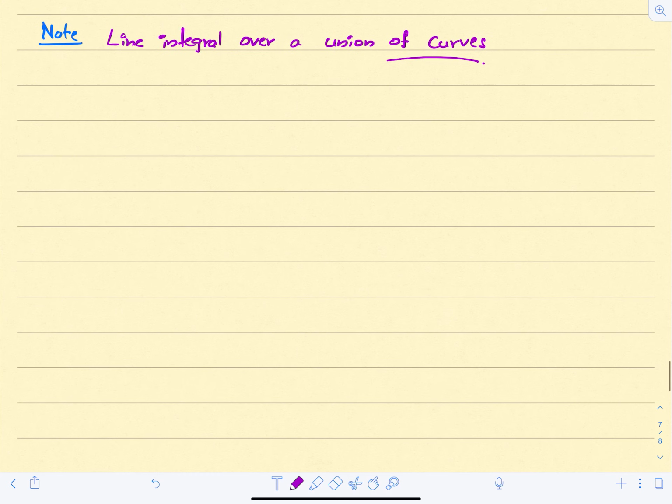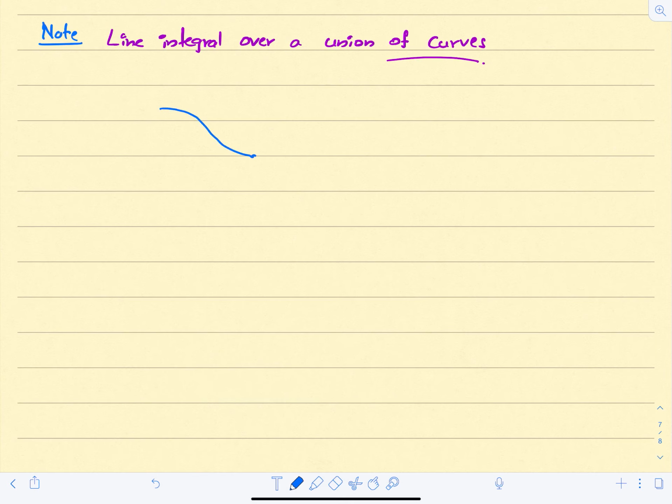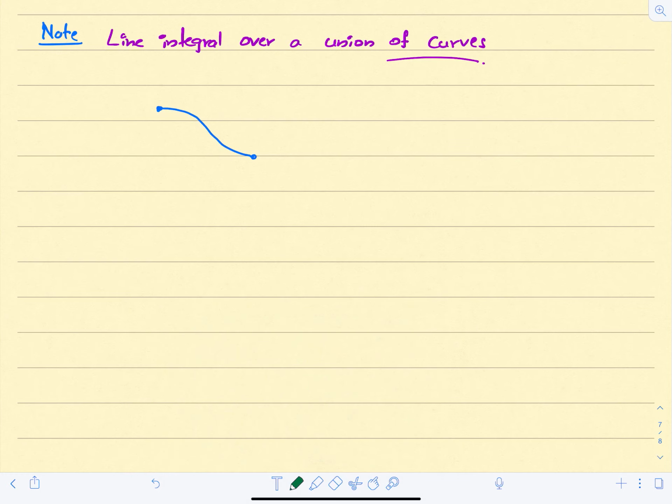Before we go to the next example, here's a small note about line integral over a union of curves. Now let's say our curve C consists of several curves.